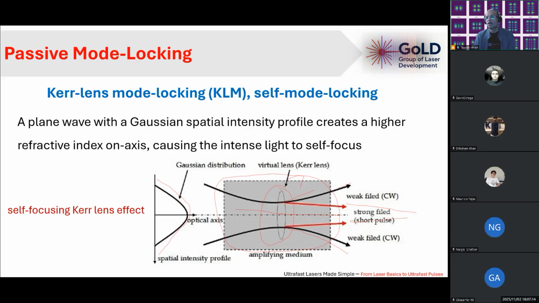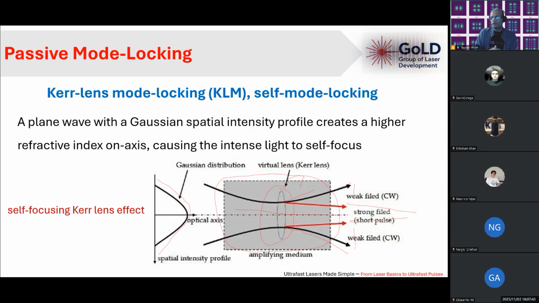So that is why you may need to use a slit here to stop the unwanted part of the light, but let the other part pass through. This is the process going on inside the Kerr medium, or amplified medium, gain medium. But why does this happen?